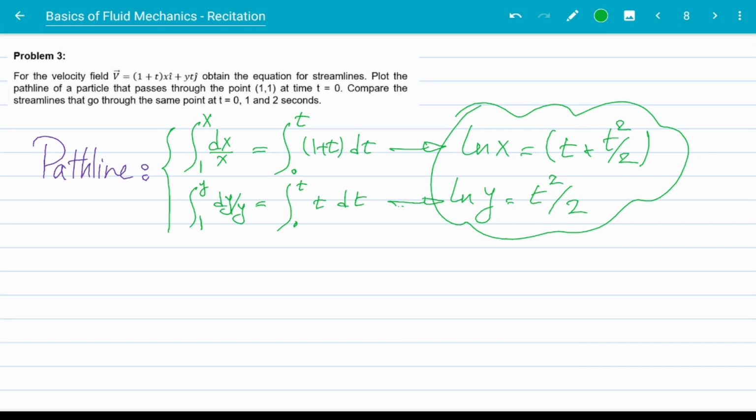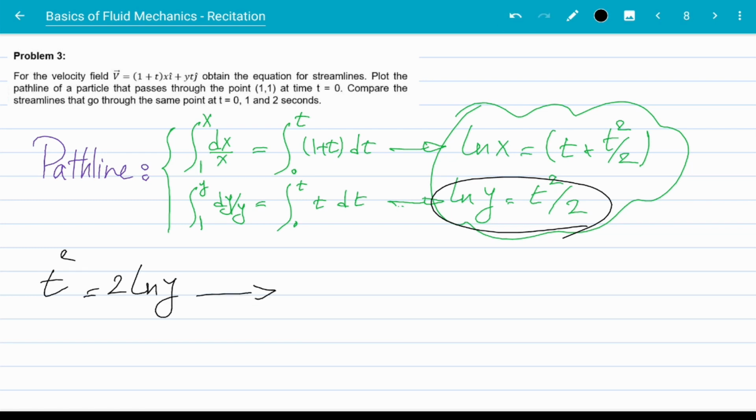However, I'm going to try the second method, to eliminate time between these two equations. So from the bottom equation, I can get that t squared is 2 times natural log of y, which means t is the square root of 2 natural log of y.